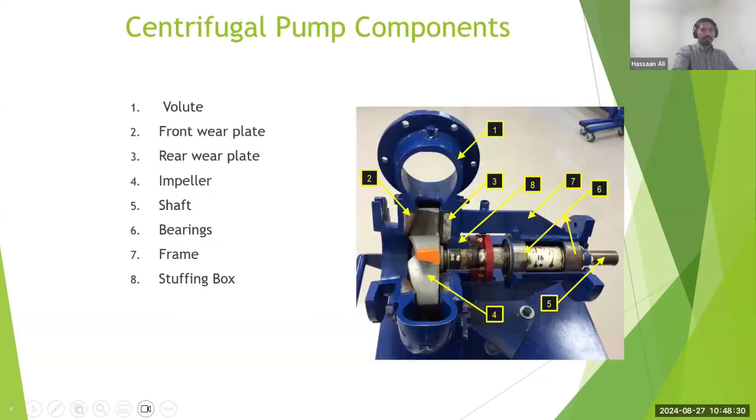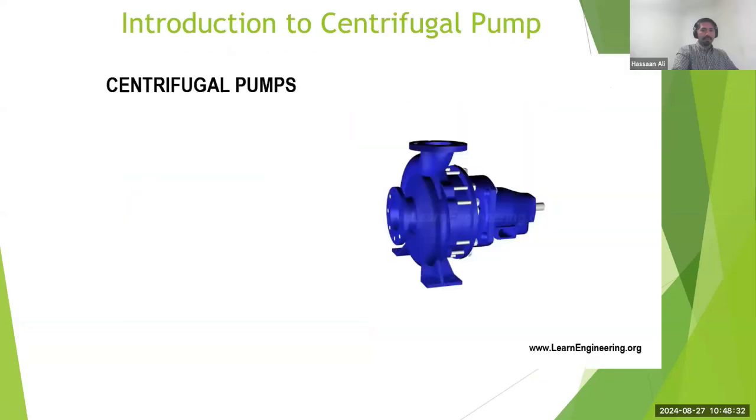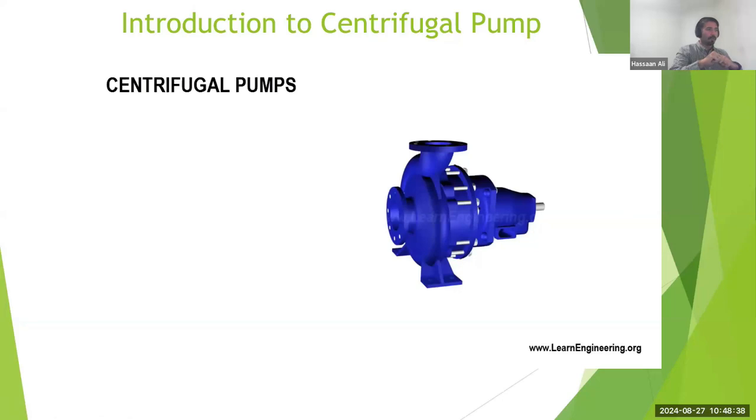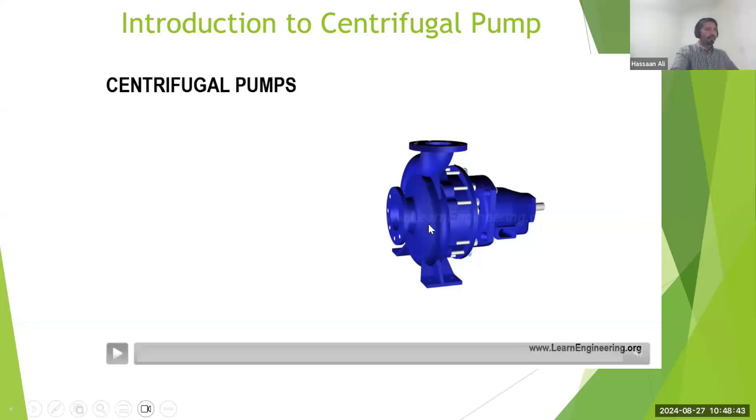Perfect. Thank you. The suction of the pump. Let's go over here. This suction of the pump is also called the eye of the pump in the industry. And the eye of the pump usually is aligned with the shaft center line. So your shaft center line is right over here.